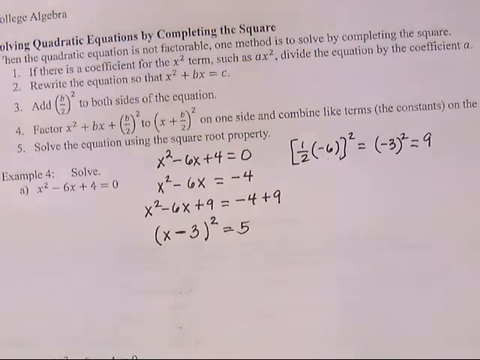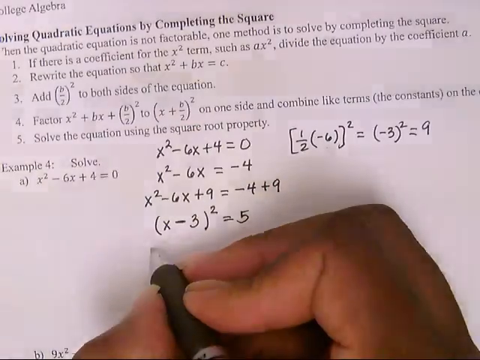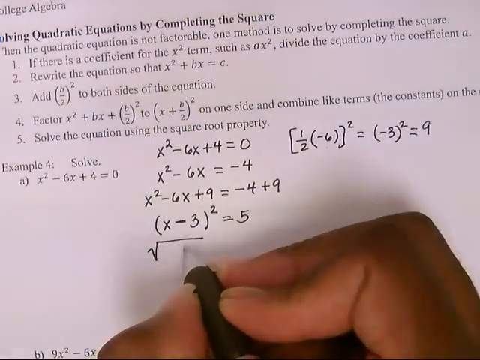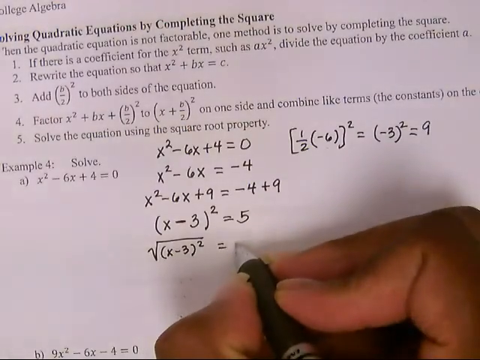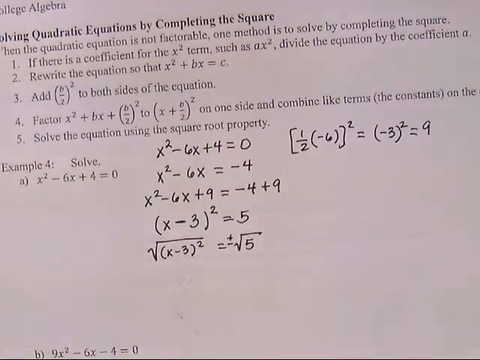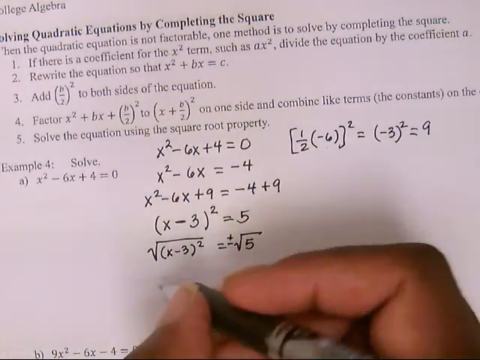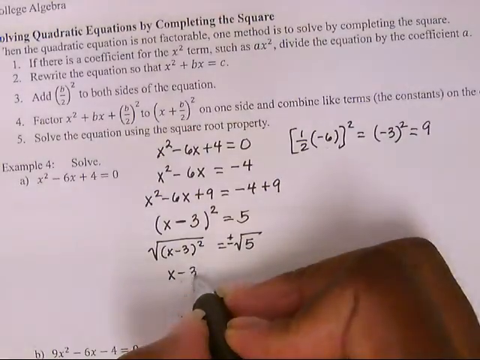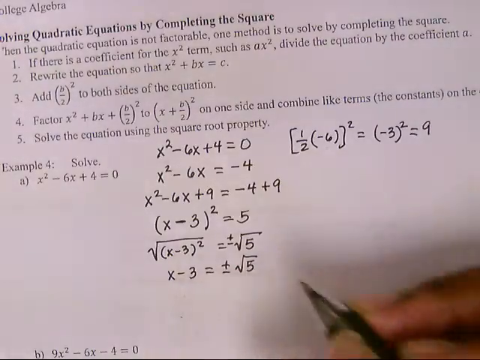Now I can solve this using the square root property, because this is squared. The opposite of squaring something will be to take the square root. And I need to bring in plus or minus as well. So the square root of x minus 3, and we square it, will be x minus 3. That's equal to plus or minus the square root of 5.